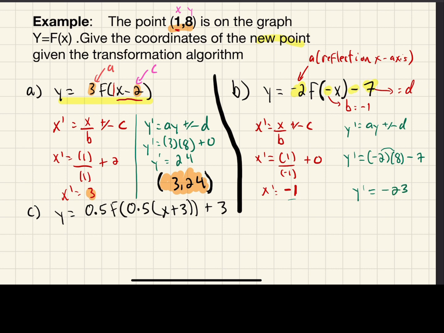And so what (1, 8) turns into after this transformation is done to it is going to be (-1, -23).